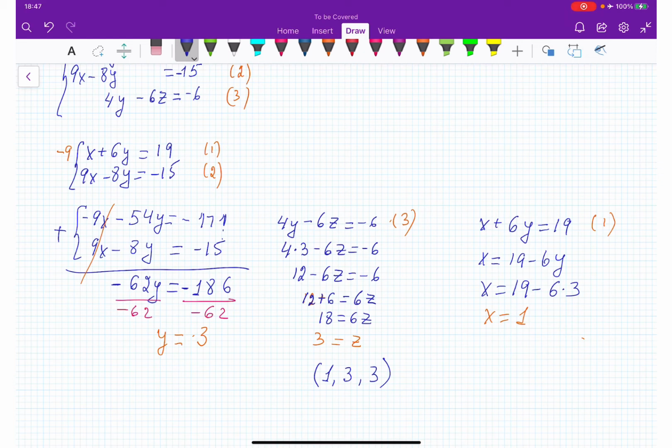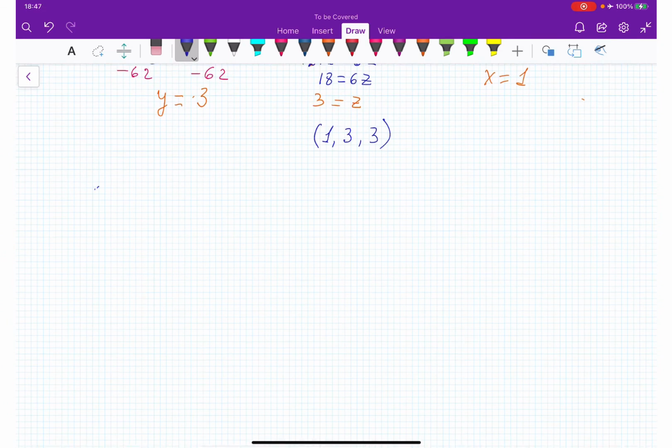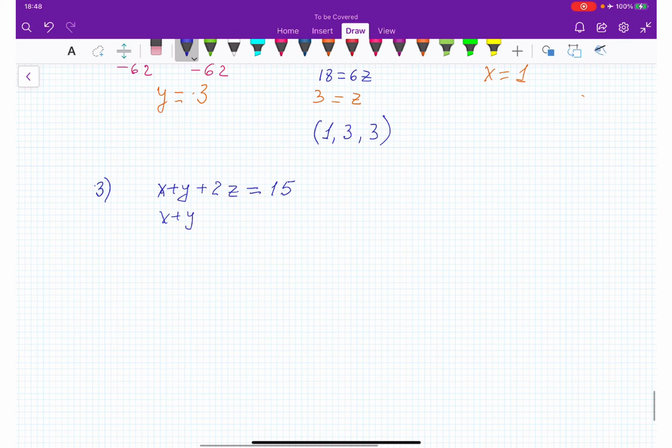Okay, moving to question number 3. x plus y plus 2z is equal 15. x plus y plus 4z is equal 25. x minus 9y plus 8z is equal 35.